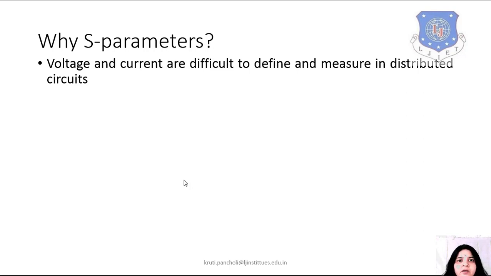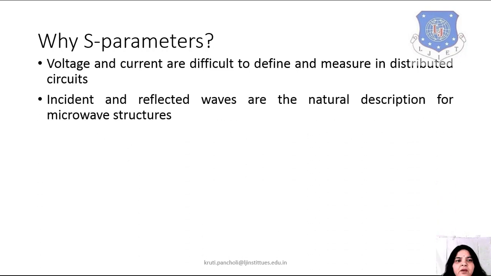You cannot make any two-point opening and put a multimeter in between to measure the voltage and current. So we should have some parameter so that we can find out the voltage and current at the load end and at the source end.